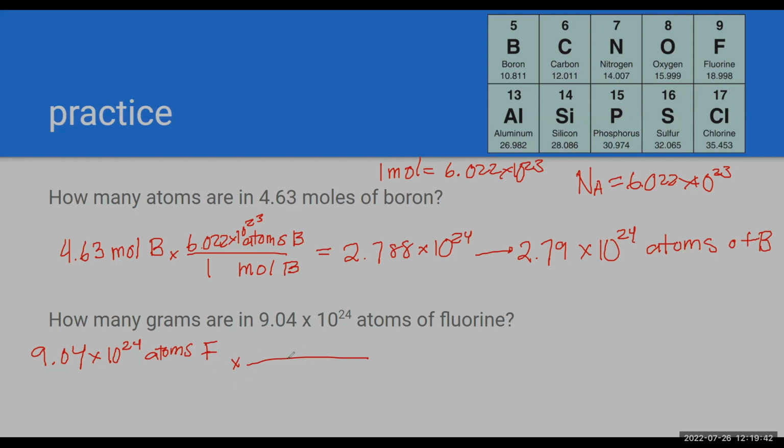So what I'm going to do is I'm going to put atoms of fluorine at the bottom. And now I'm going to put 1 mole in the top. So we know that 1 mole, once again, is equal to Avogadro's number.